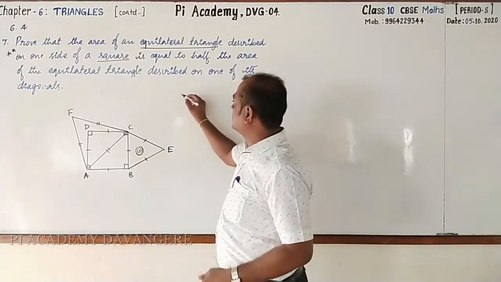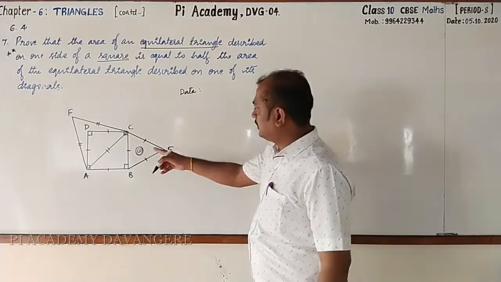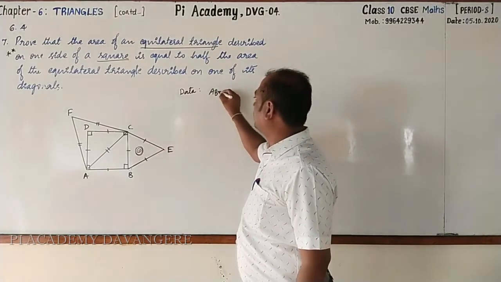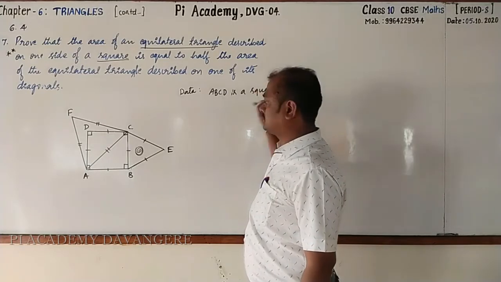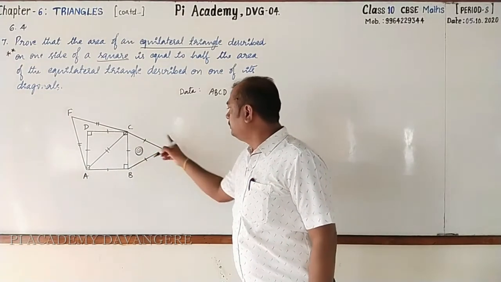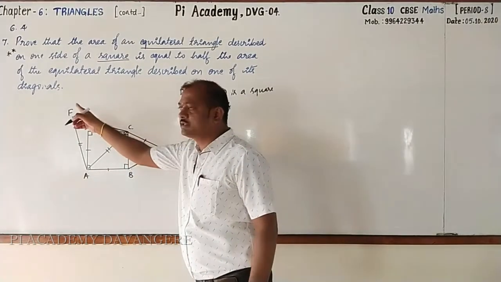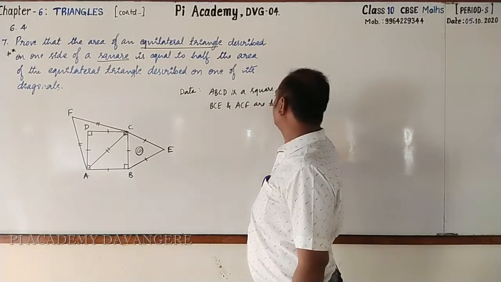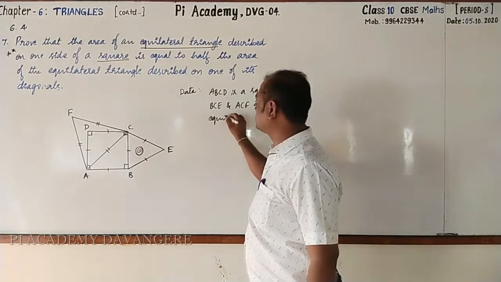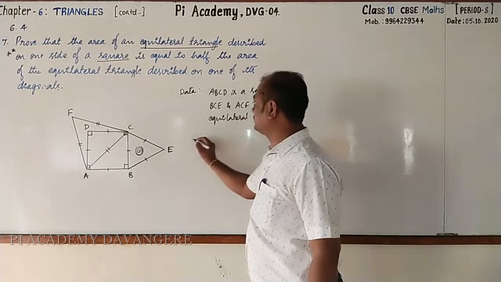Okay, dear students, write the data with me. Data. What is that? One, ABCD is a square. Next, other than that, BCE as well as ACF are two equilateral triangles. Right? Equilateral triangles.